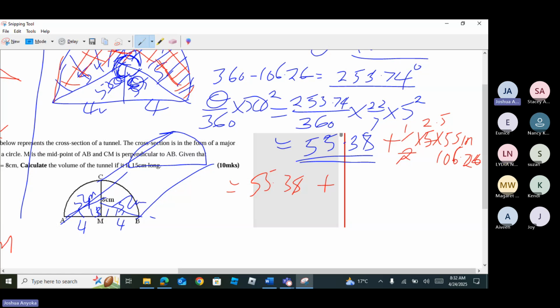That is too big, check properly. This is not 55, it is 2.5 times 5. 2.5 times 5 sine 106.26. It should be 12 point something.